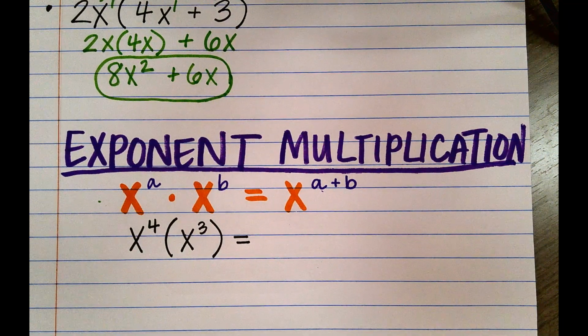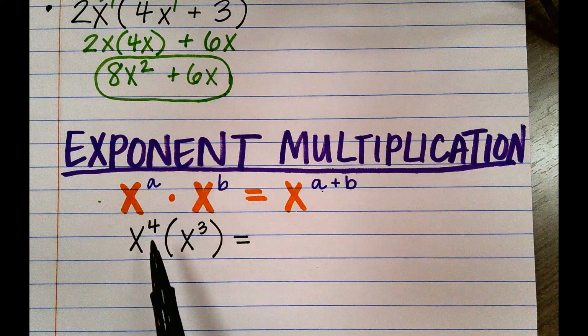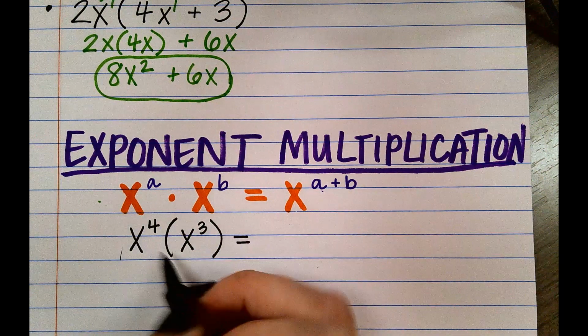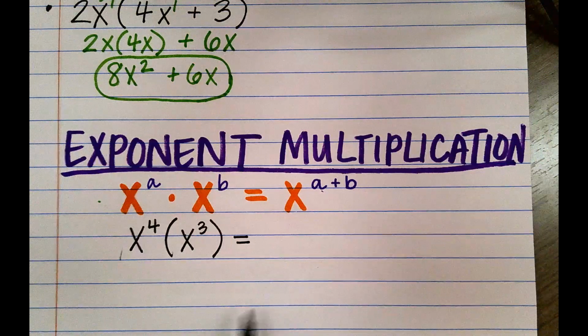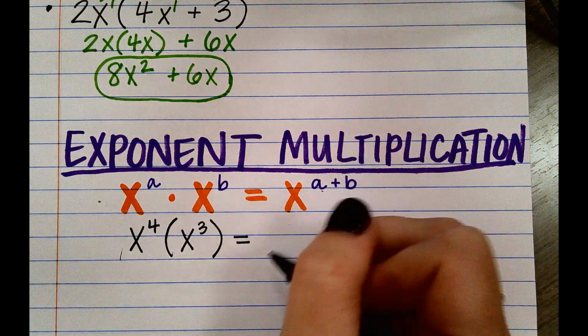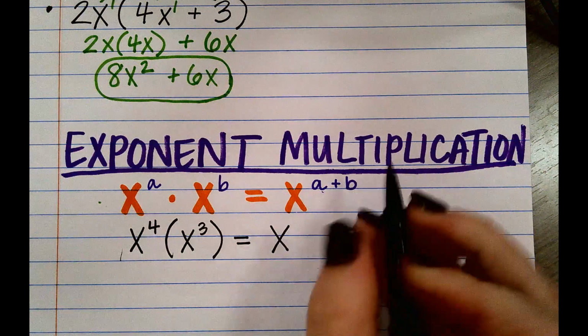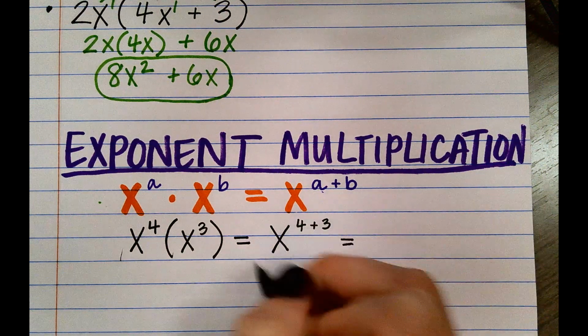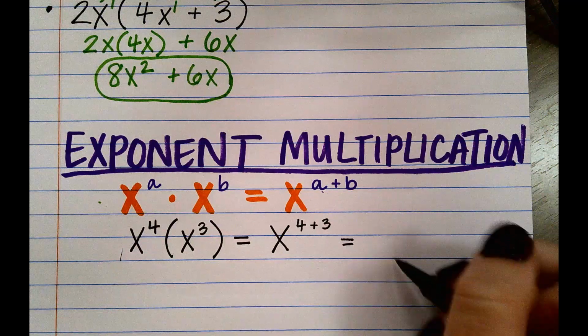What is that? X to the 7th power. Yes, there's no numbers in front. It would be like an invisible 1 again. 1 times 1 is 1. So x to the 4th times x to the 3rd is x to the 4 plus 3. You don't have to write this step. This is just if it helps. X to the 7th.